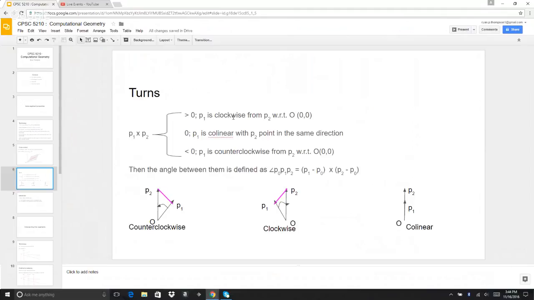Taking these three criteria and trying to give them a graphical example: if the cross product, this area, is greater than 0, then we have this clockwise rotation. So P1 to P2 rotates to the right, as a clock would rotate. If it is 0, it's collinear, and the two vectors lie in line with each other.